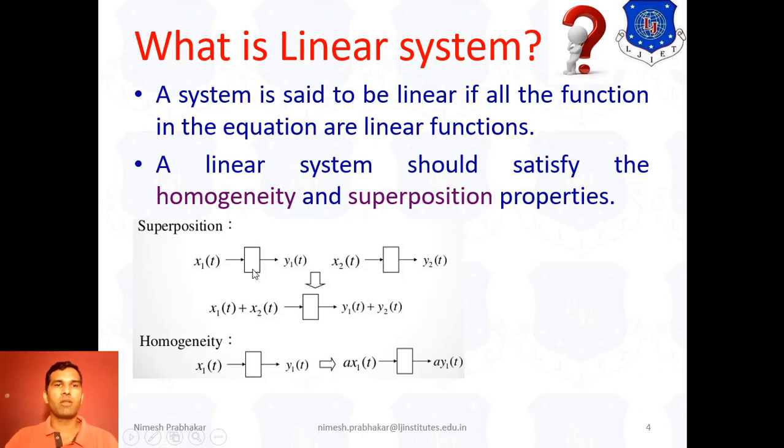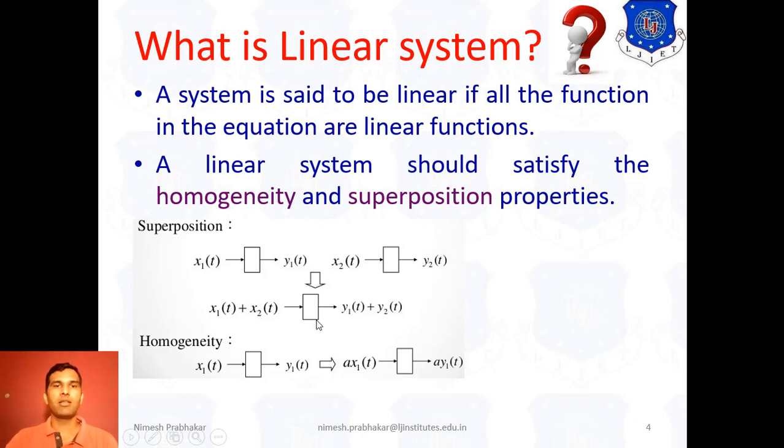Suppose we have one system and we give x1(t) as input, and we get y1(t) as output. Then in another system, x2(t) is the input and we get y2(t) as output.